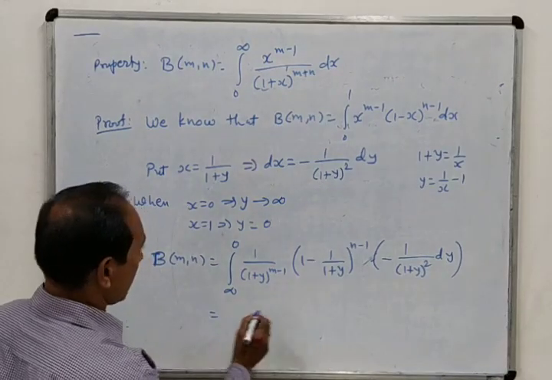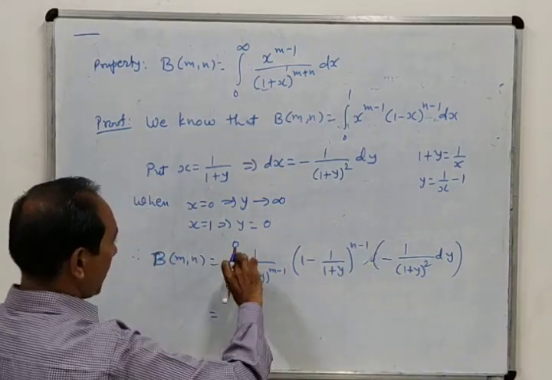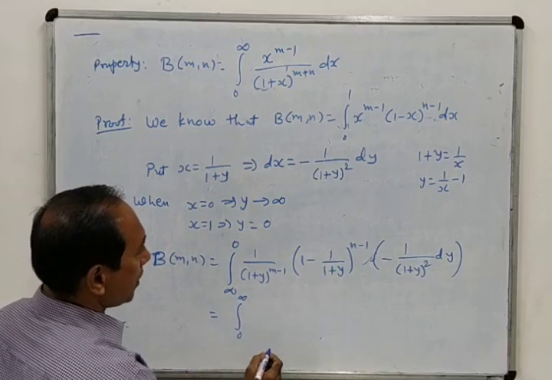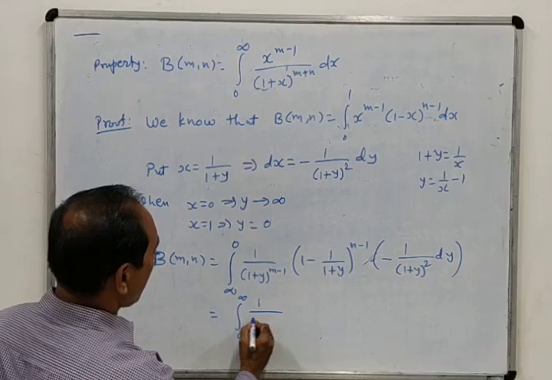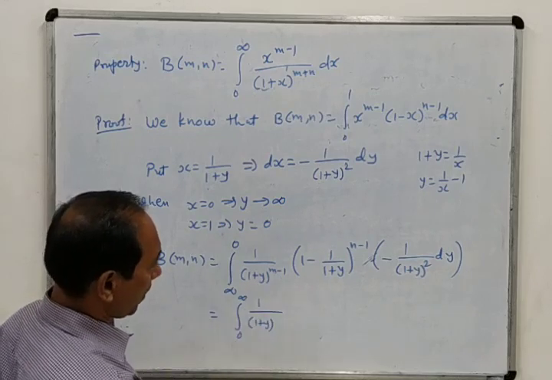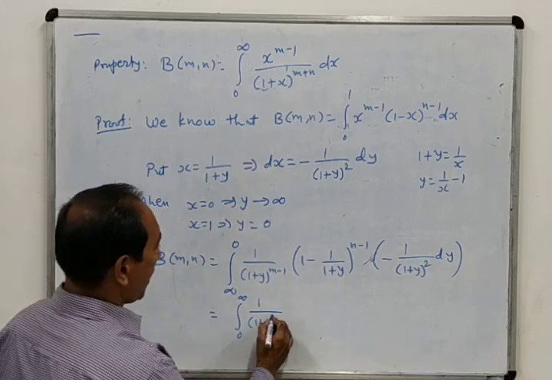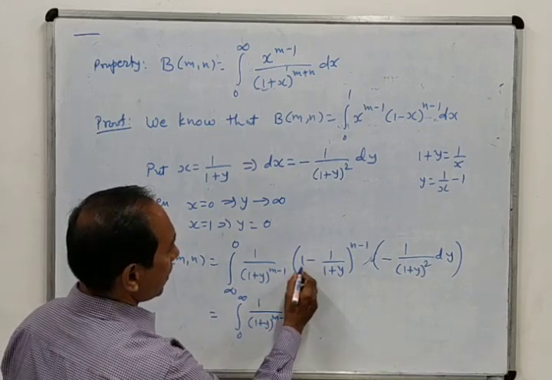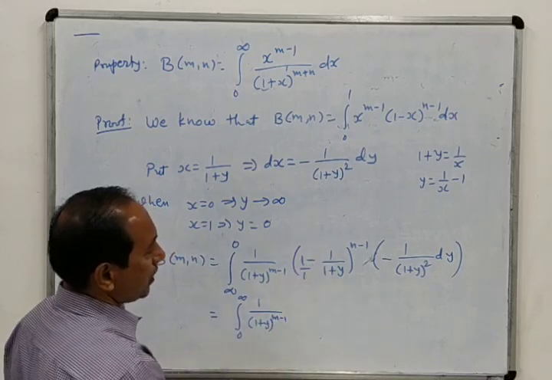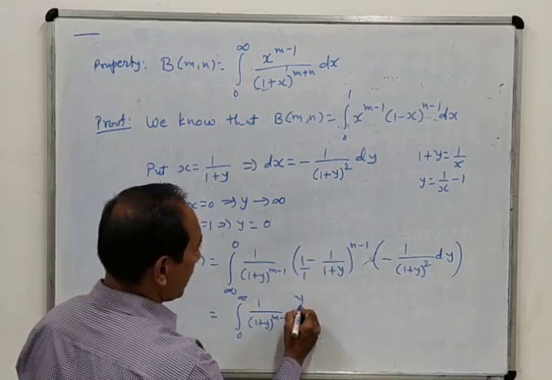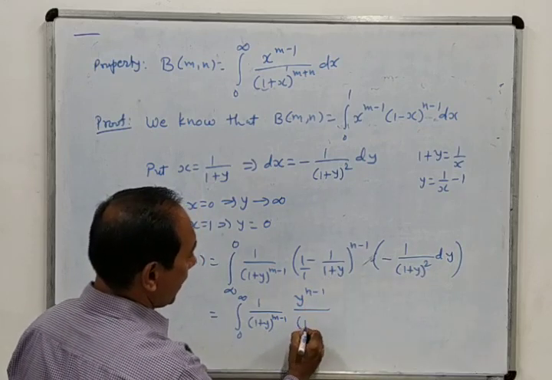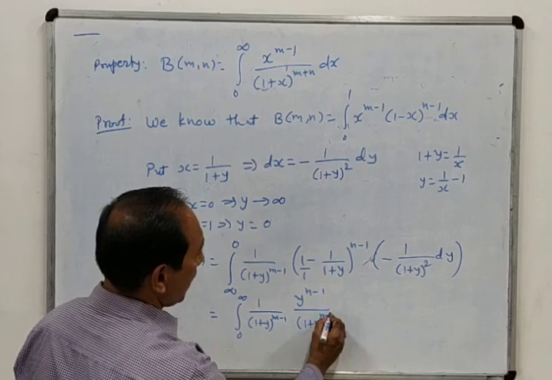So here you can see that this is a minus sign. So we can reverse these limits to 0 to infinity. And here 1 upon (1 plus y) whole raised to m minus 1. And this is what? If we cross multiply this, then 1 plus y minus 1, that means y. So y raised to n minus 1, whole power is n minus 1, and divided by 1 plus y, so (1 plus y) raised to n minus 1.